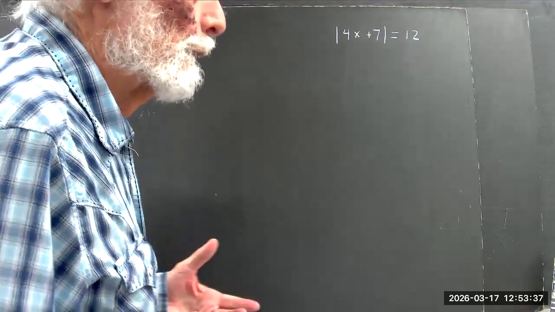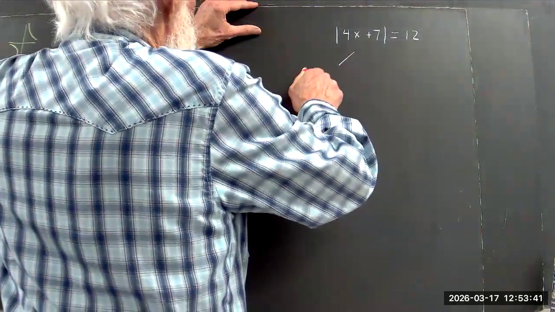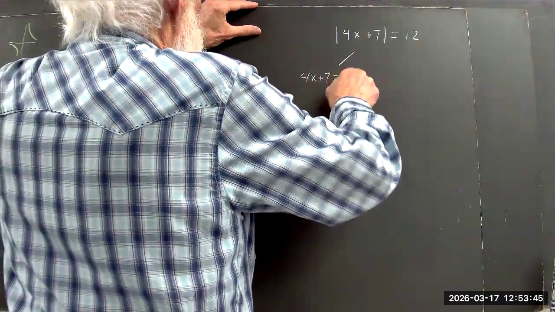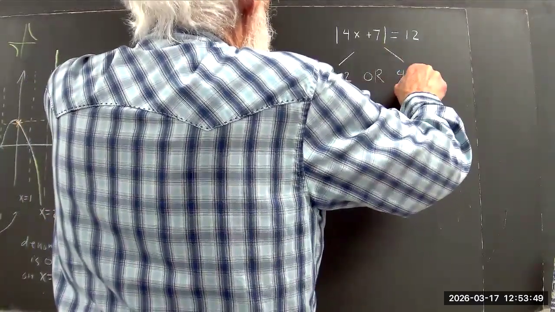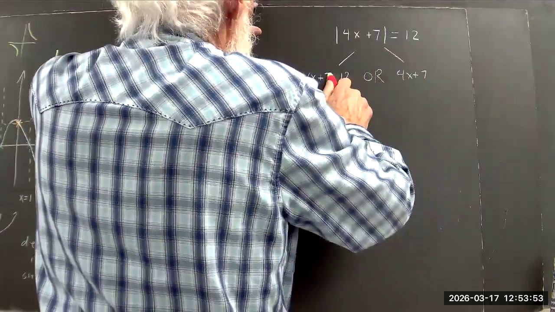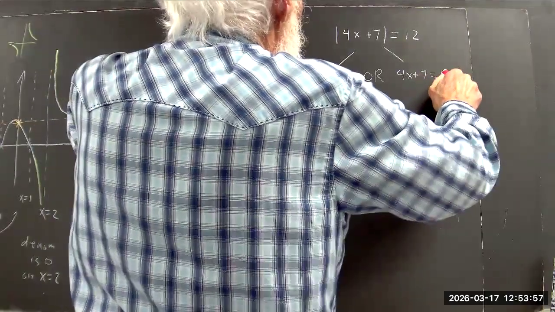Okay, well, I'm happy to say that everybody's on track here. Everybody started off by writing 4x plus 7 equals 12, or 4x plus 7, well, actually, I usually put the negative on the left, so that's what people are doing.